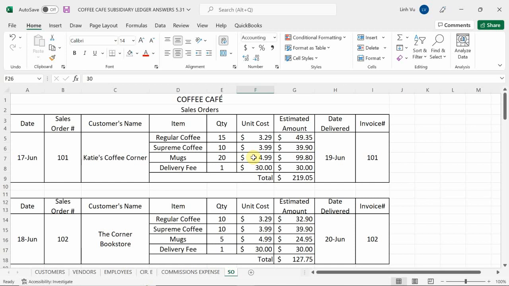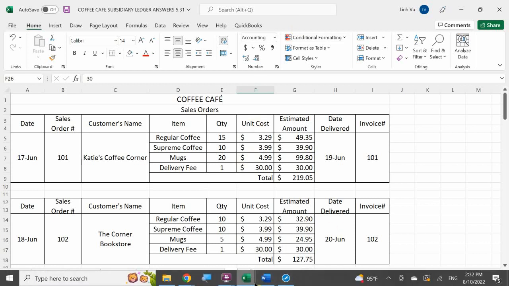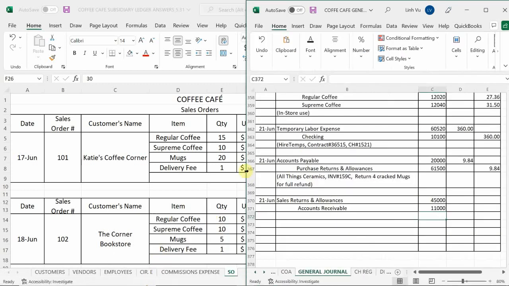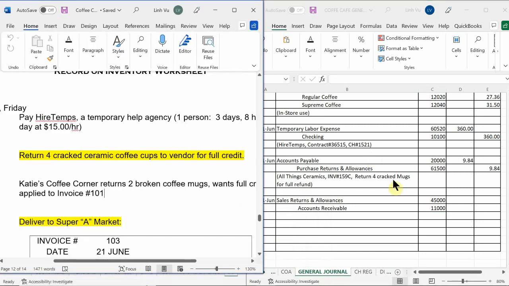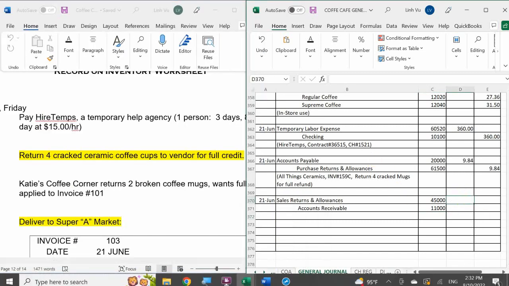So now she wants to return 2 of them. So now we know that it's going to cost me $4.99 per cup. What is my grand total amount that I am going to be refunding Katie? $9.98. Okay, good.